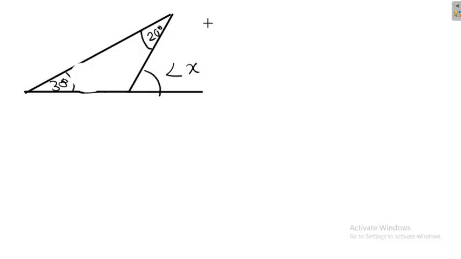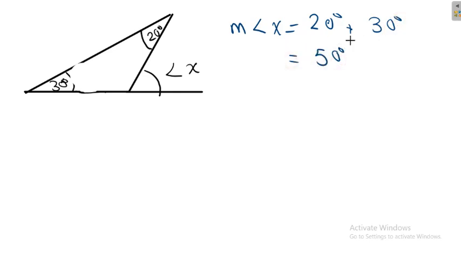So the measure of angle x equals what? Angle x is an exterior angle, and it equals the two interior angles far away, not adjacent to it, which are 20 plus 30. It will be 50 degrees.